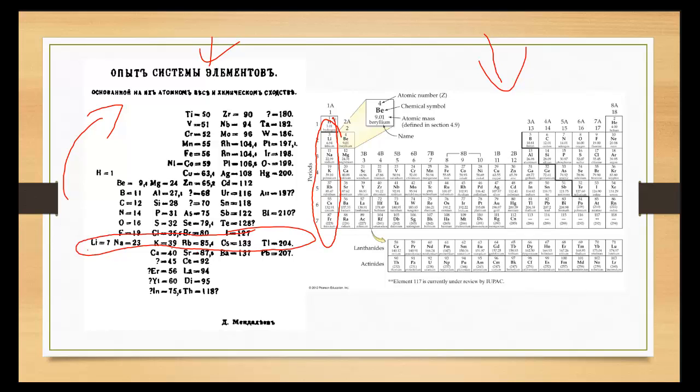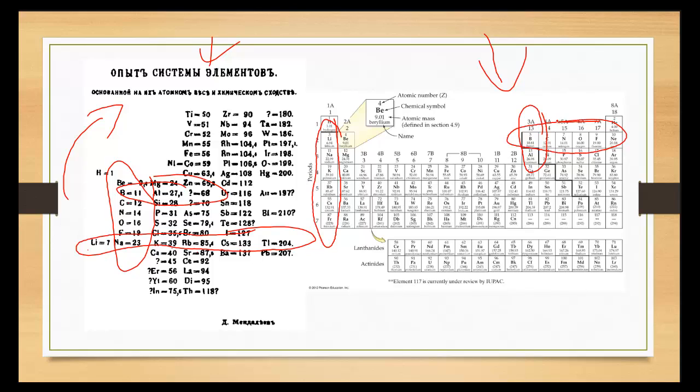We could do the same thing, I dropped my pen, I apologize, right here with boron and aluminum. So you can see how things match up. If we look here, boron, carbon, nitrogen, oxygen. So it's just basically flipped 90 degrees, and he did this with very little additional work.